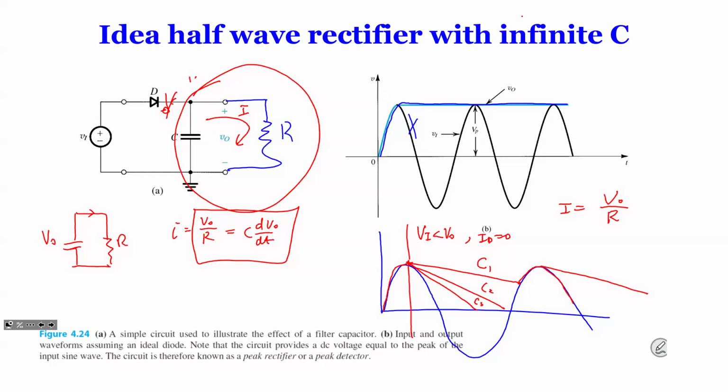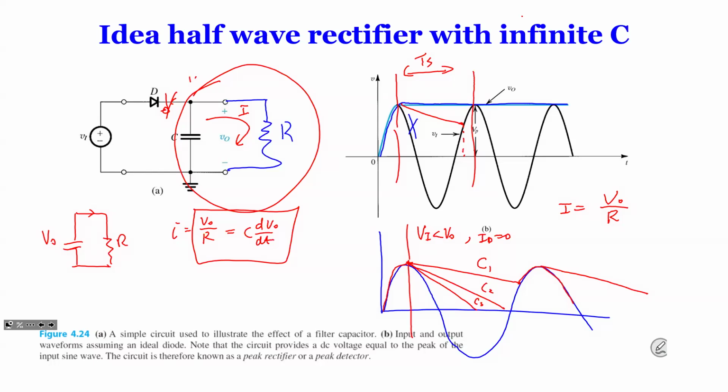It's like TS, like the period. Up to here is a little bit less than TS. So we do an approximation and say, okay, that's TS. This T is less than TS, but that's okay.